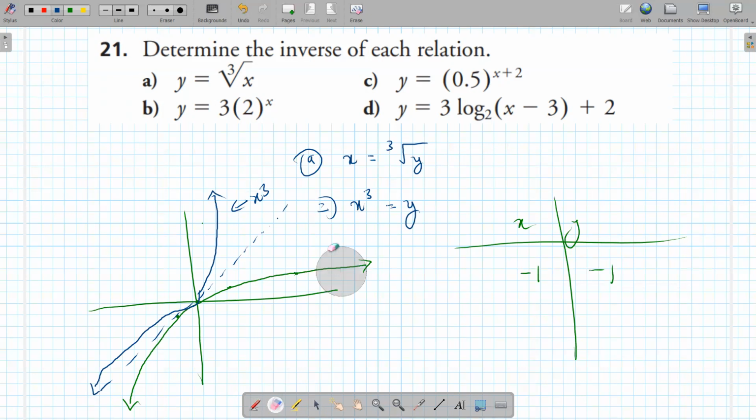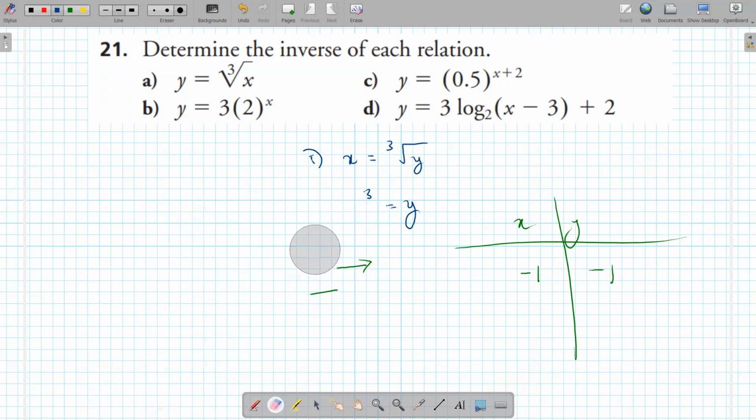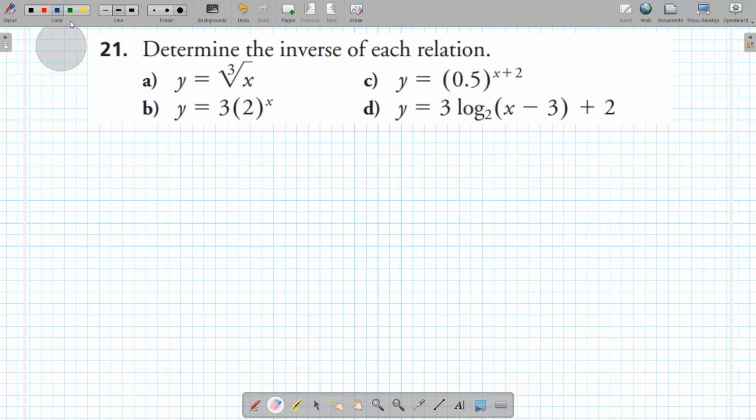Let's go to b. Now b is going to be trickier because the unknown is in the exponent. You need to use a little trick when the unknown is in the exponent. So x is equal to 3 times 2 to the power of y. How do we solve this for y? You divide by 3.